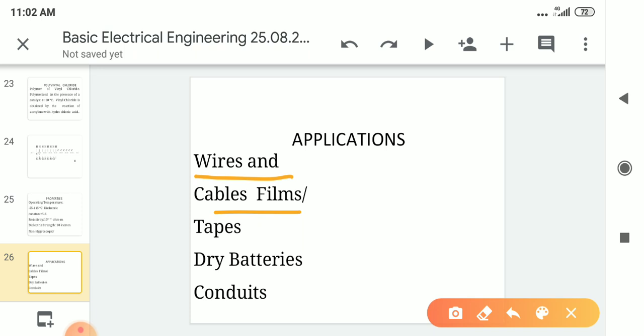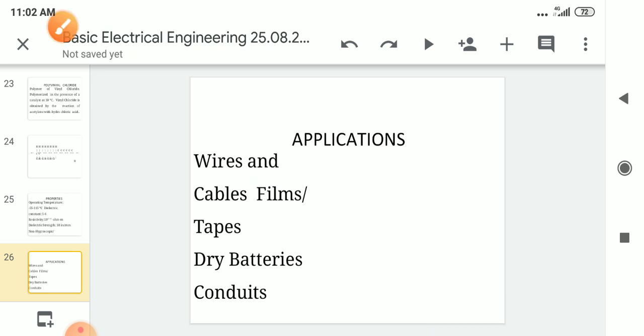So PVC insulated cables are commonly used for what? Low and medium voltage, that is, in all our domestic applications and light load applications, means industrial applications and power installation. Mostly up to medium level voltage only PVC is used.